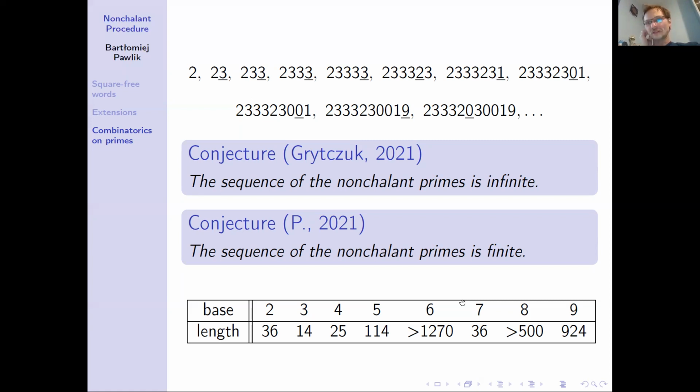So probably this is my comment. And maybe a second comment: based on my experience with ternary square-free words, I very strongly believe that the procedure for nonchalant words is infinite. I can bet anything for this, it is sure, but it can be tricky to prove.